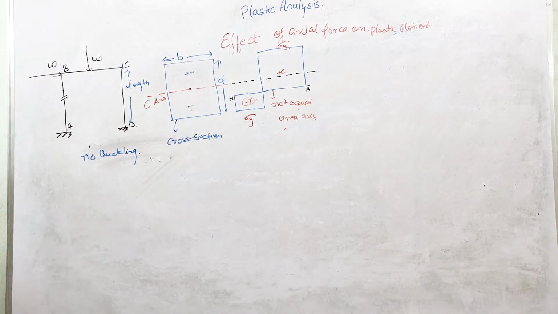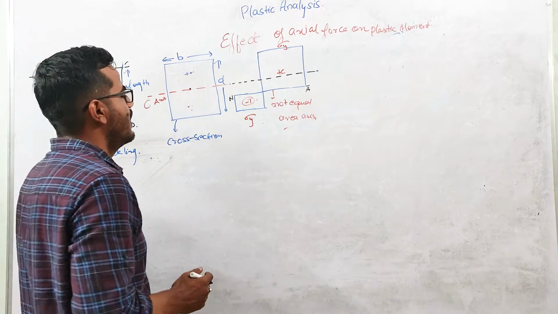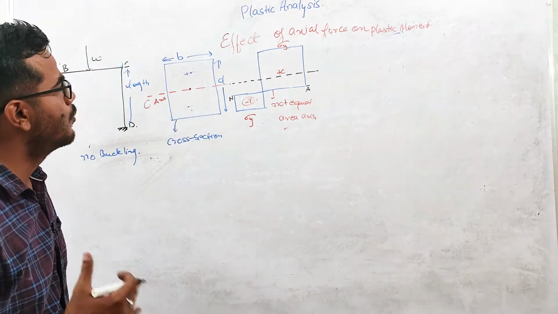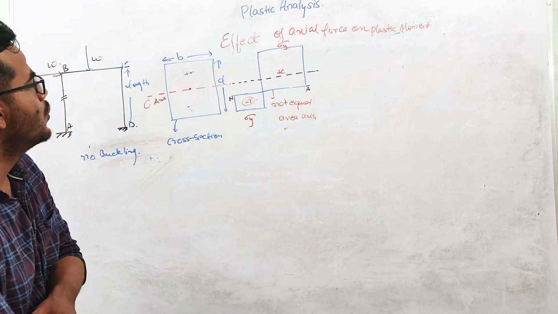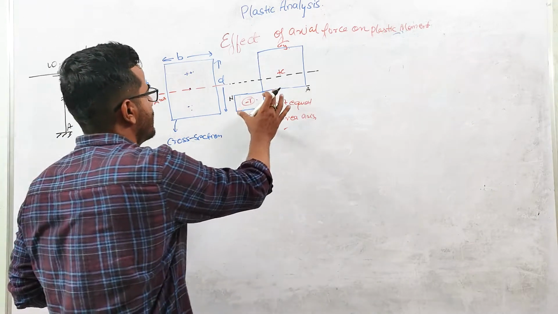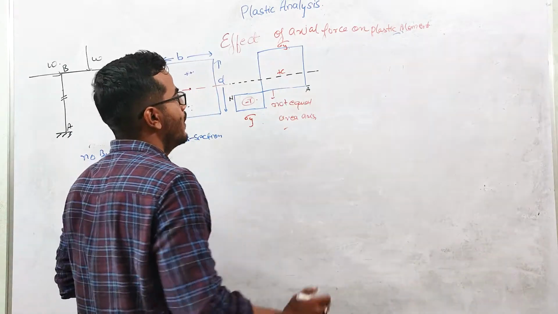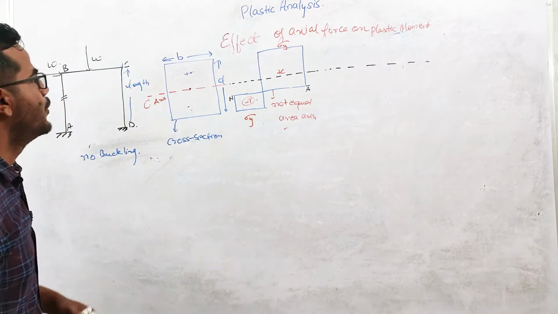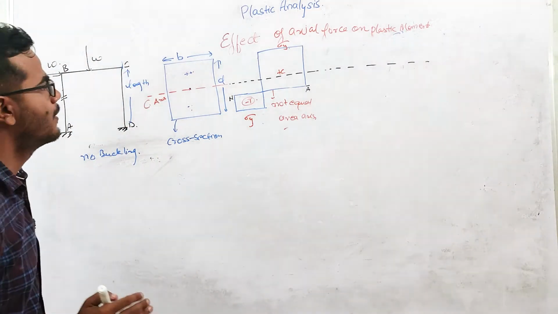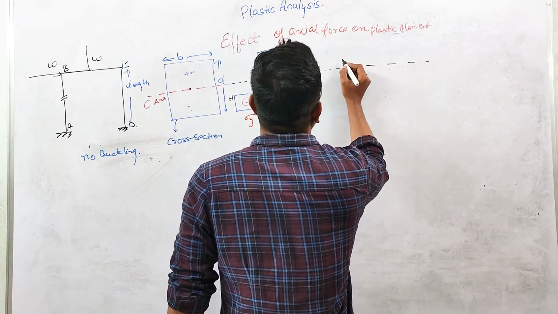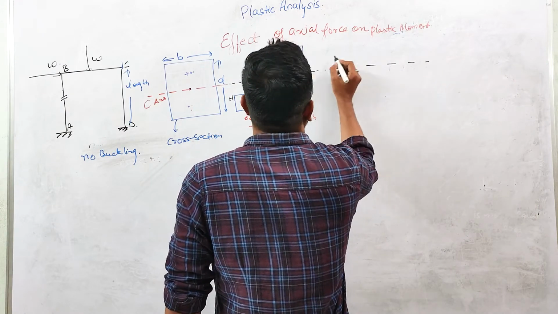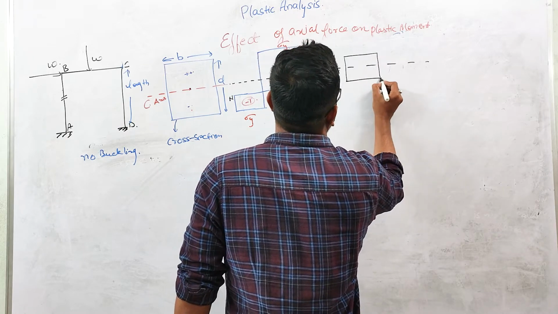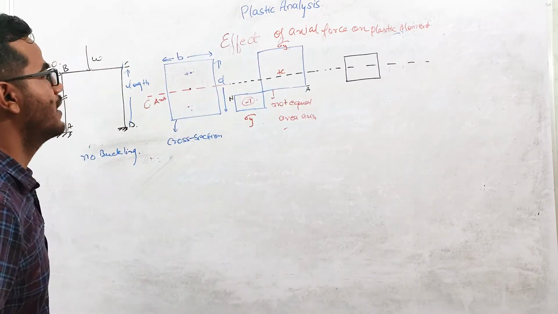Okay. Now what I am doing over here is that we need to check the effect of axial force on the plastic moment capacity, right? So I am dividing this stress diagram into two parts. Initially, due to axial load, I am assuming that the stress diagram will look like this.